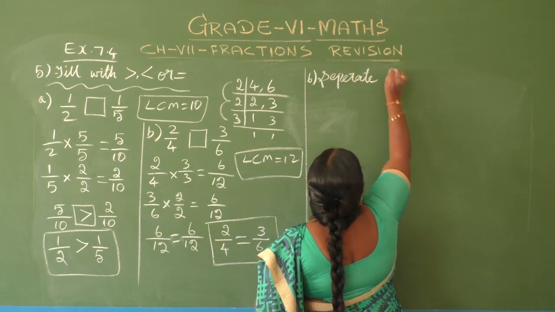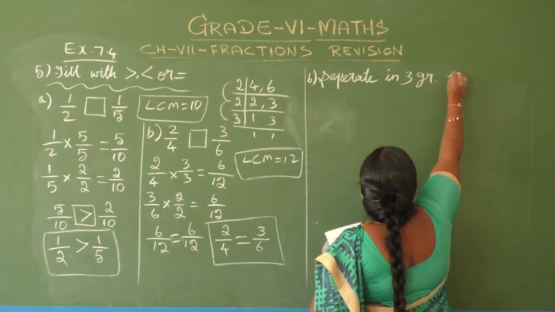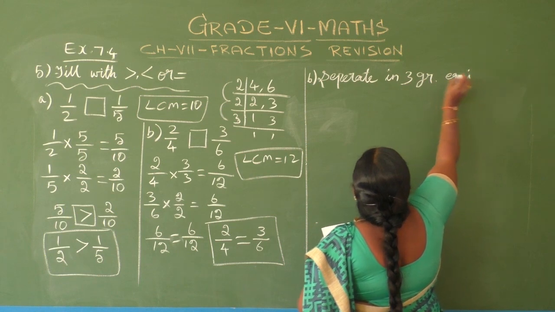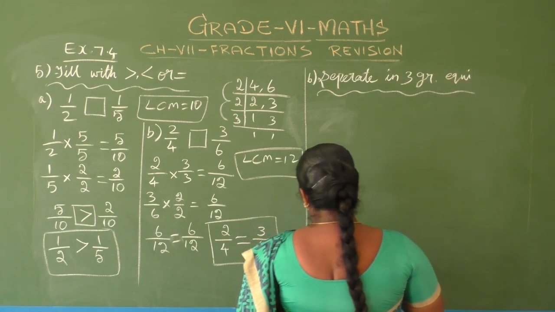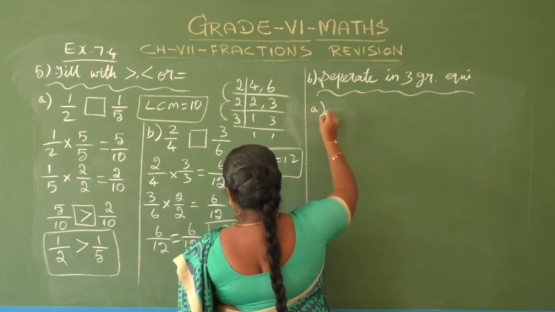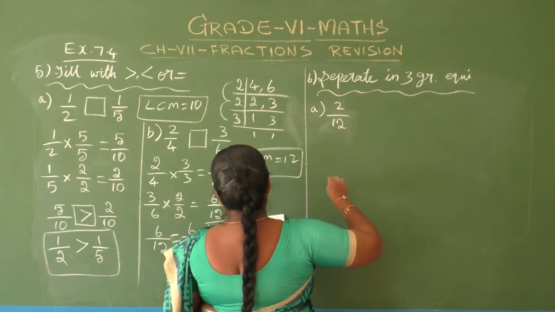Separate in 3 groups. Equivalent fractions. Okay. First one, I give 2 by 12.